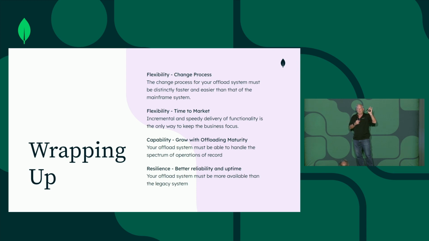If you have the same change process, the same DDL, the same modeling, the same everything that it takes to make a change on your mainframe, on your offload system, you're doomed, right? Because you're one-for-one effort. So now you've just doubled the effort of making a change, because you've got to change it on the mainframe, then you've got to change it on your offload system. Unless you can beat that, you're never going to get ahead. So that's why flexibility is so key.